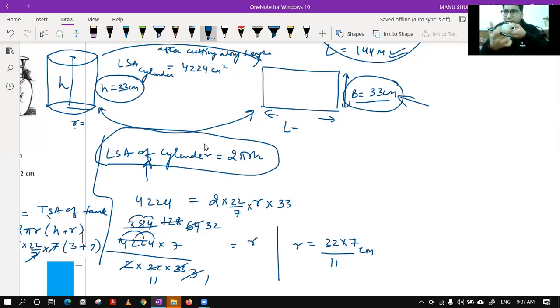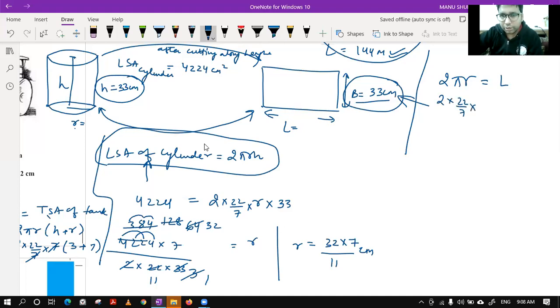Can we say, class, that 2 pi r is actually the length of this? So that will be how much? 2 into 22 by 7 into this r, which is 32 into 7 upon 11, equal to L. 7 7 cancel, 11 2s are 22.